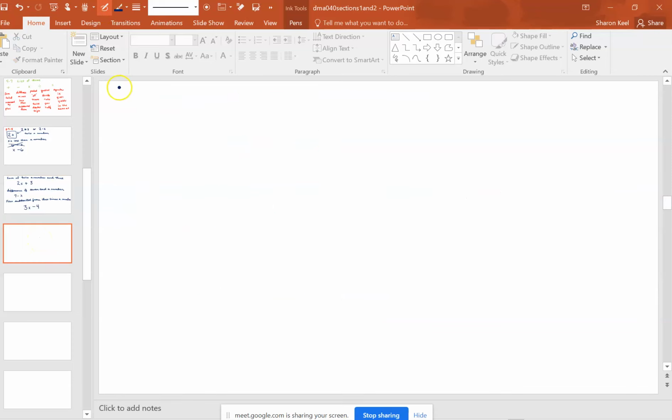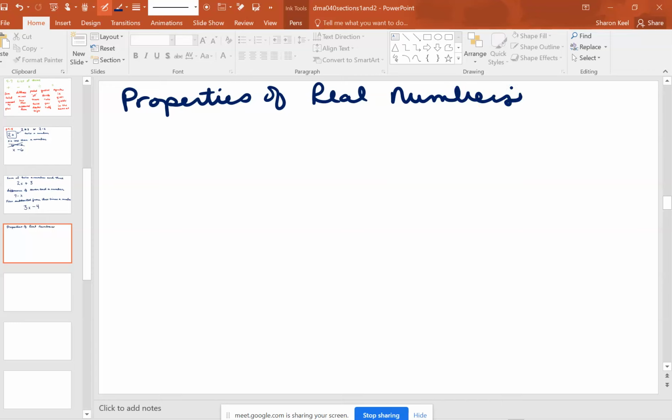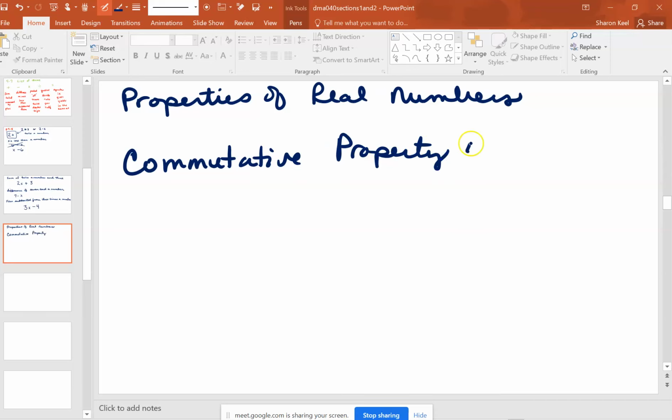Section 2 talks about properties of real numbers. So we're going to take a moment and talk about these several different properties. The first property is the commutative property of addition and multiplication.